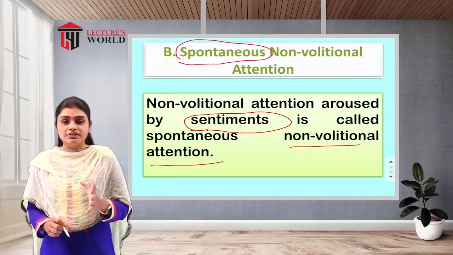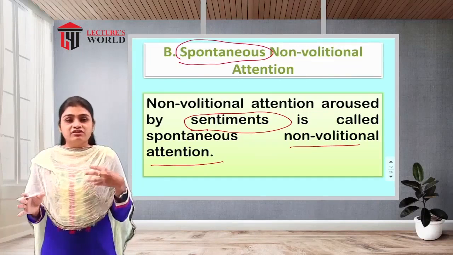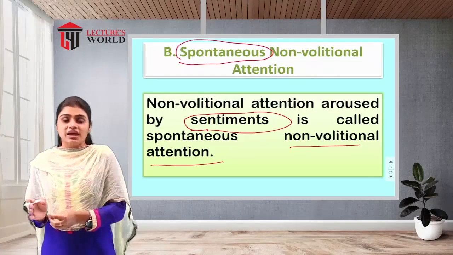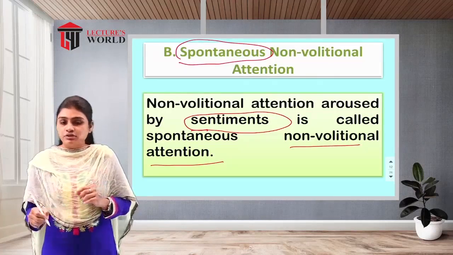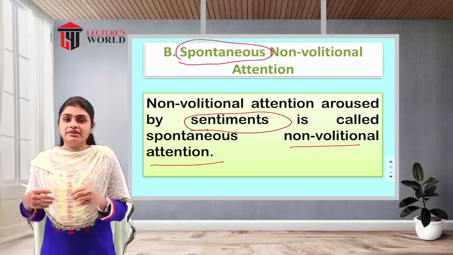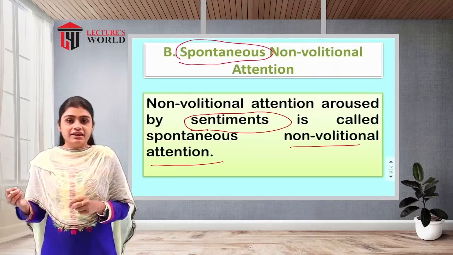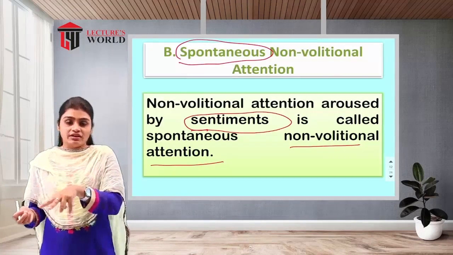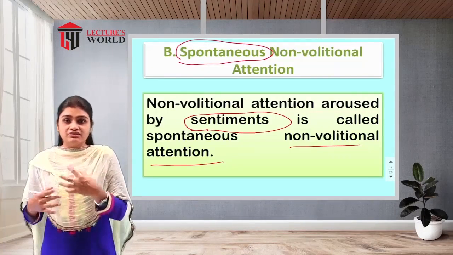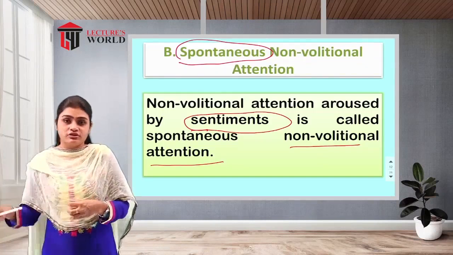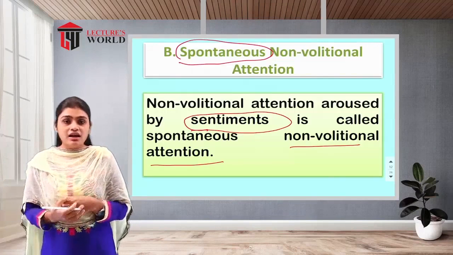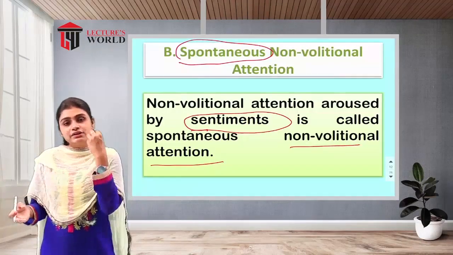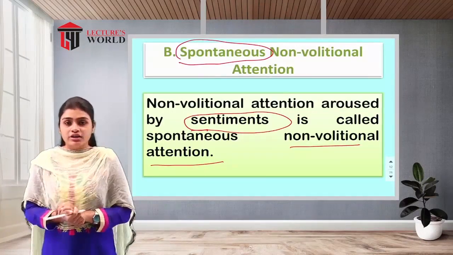For example, any emotions which make us focus on that particular area or on that particular individual. For example, I am doing my work in my classroom and suddenly one student starts crying, so my attention will go there. Though I don't have any personal desire to focus on that area, or any will or motive to focus on it, those sentiments will lead me to focus on that particular individual.